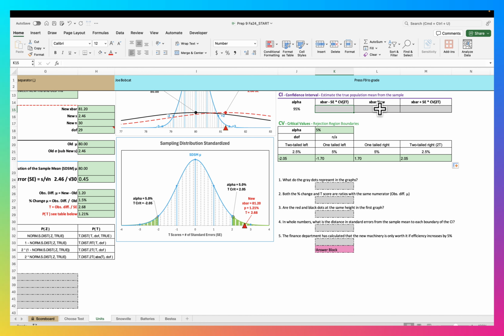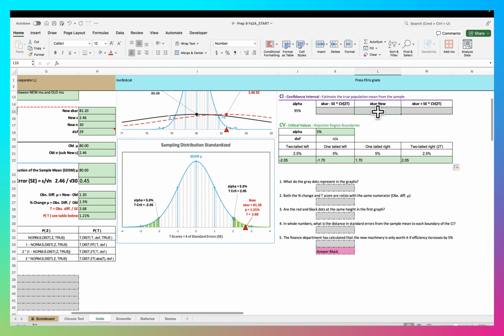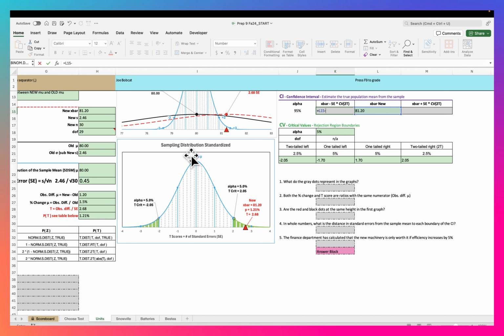And then for our confidence interval, you take x bar there, and then here you take x bar minus the standard error times two-tailed right. Basically, this is how many standard errors.